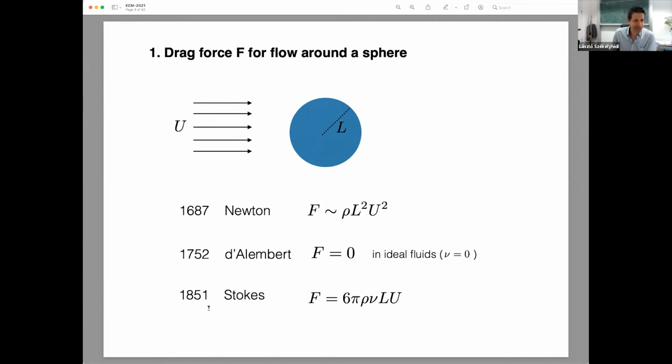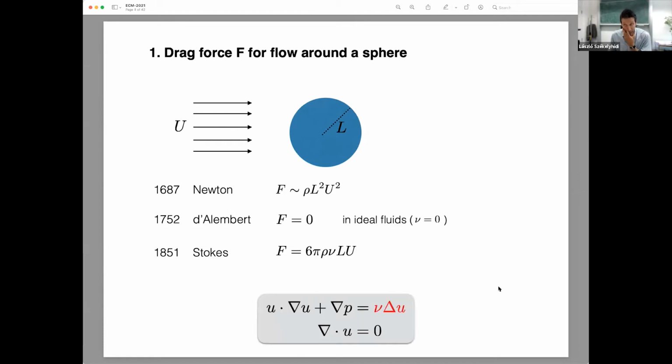And yet, 100 years later, Stokes also considered the same problem and derived the following formula, which looks, again, different. Although you can notice that if nu, the viscosity, is equal to 0, it agrees with D'Alembert's formula. So who was correct? Obviously, at least Newton's formula looks very different from D'Alembert's and Stokes's.